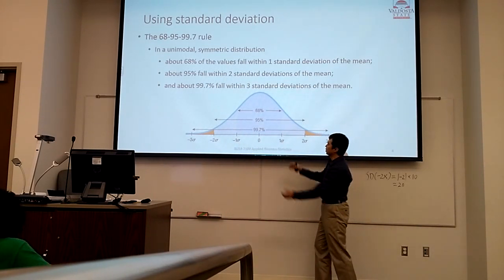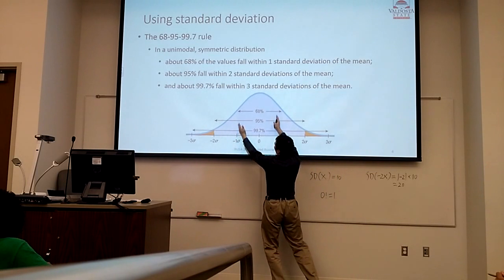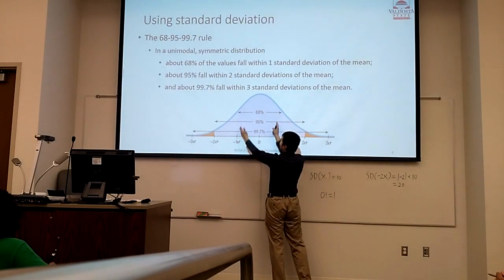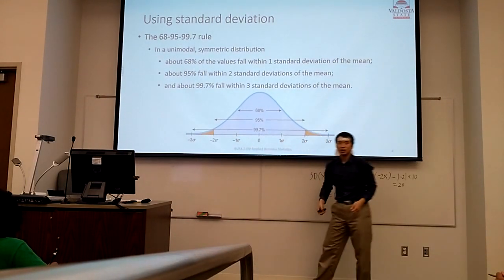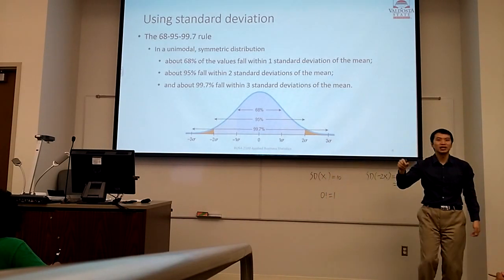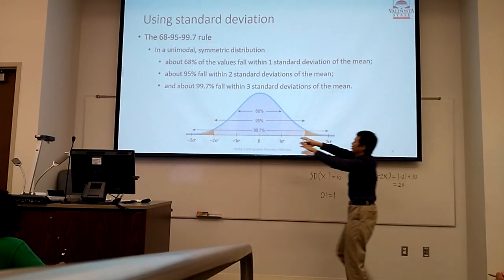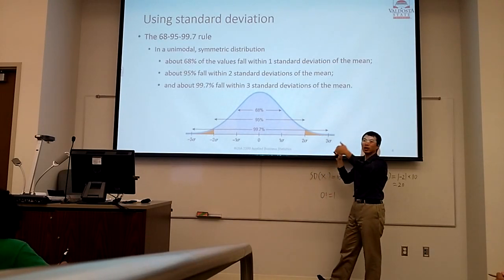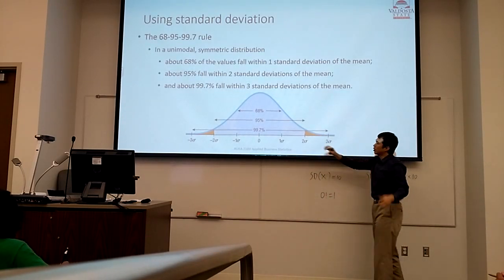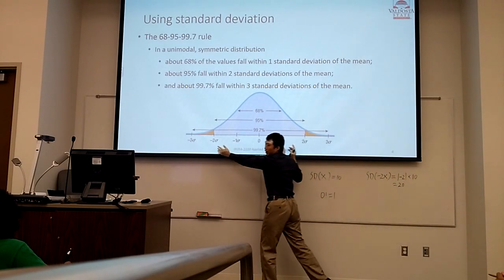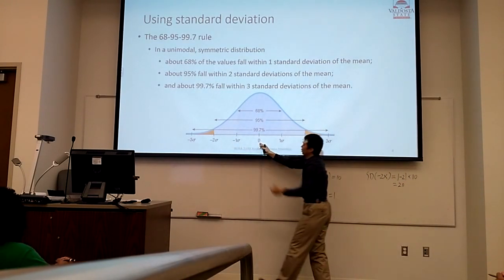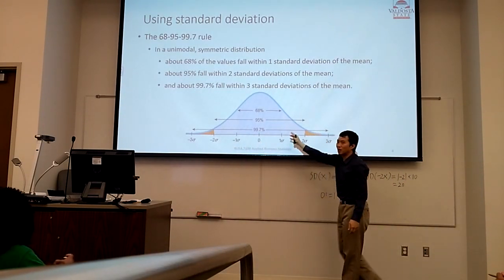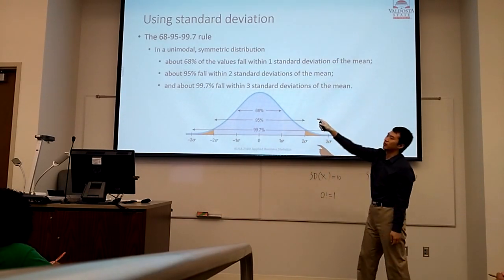That means this area accounts for 68% of the whole area. If we are talking about the area within 2 standard deviations away from the mean, it covers 95%.